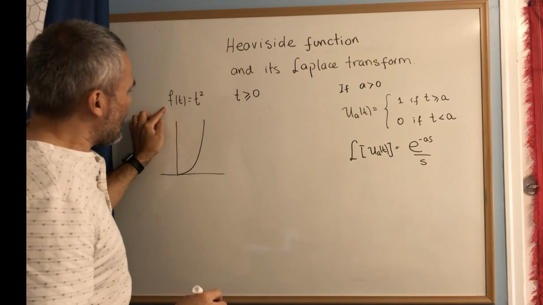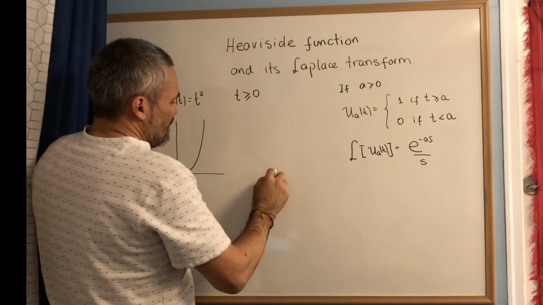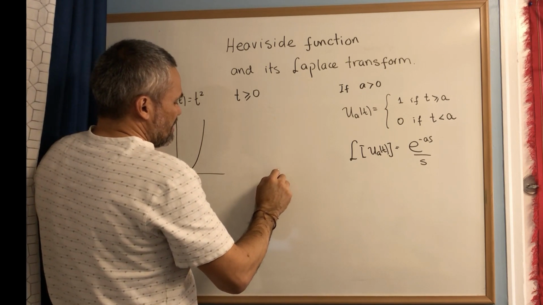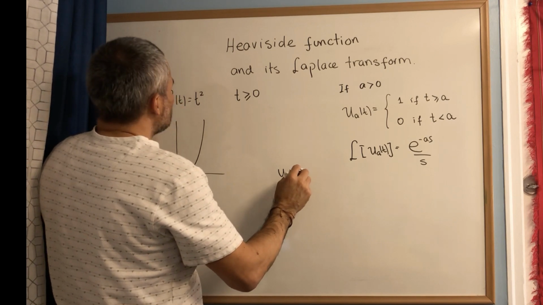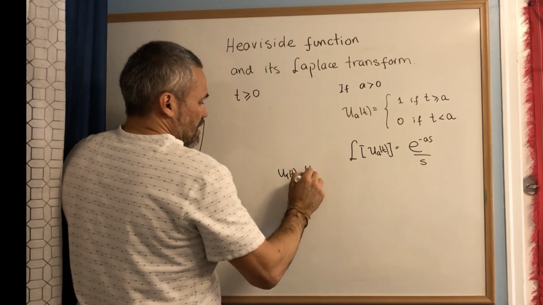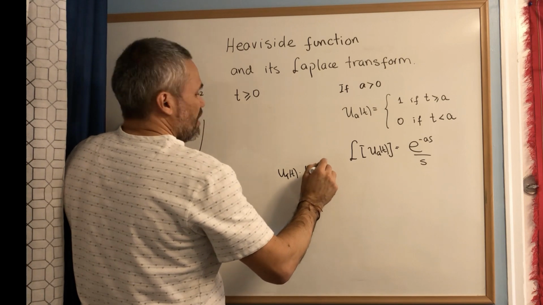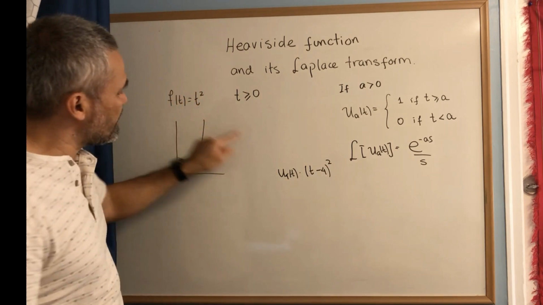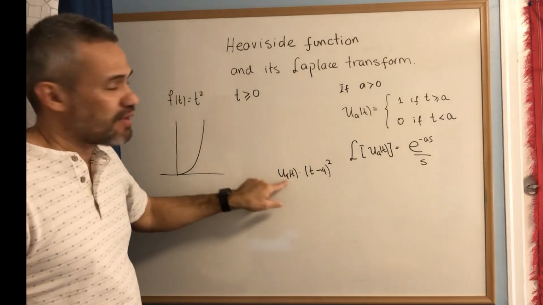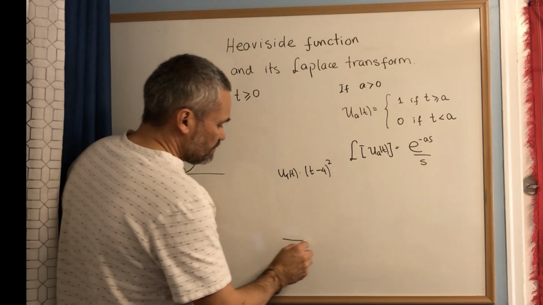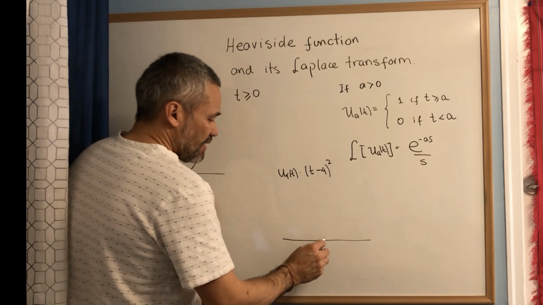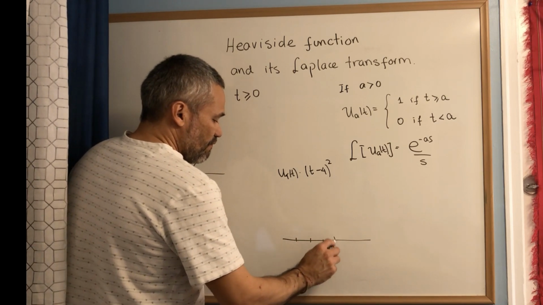Now, let's think about the function u4 of t times (t minus 4) squared. How are these two graphs compared? This is the real line. This is 1, 2, 3, 4.